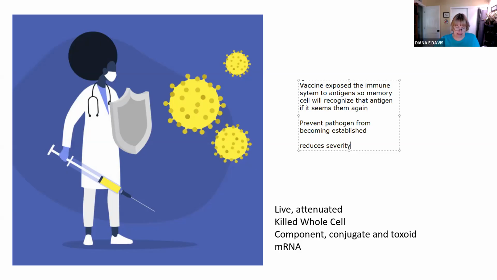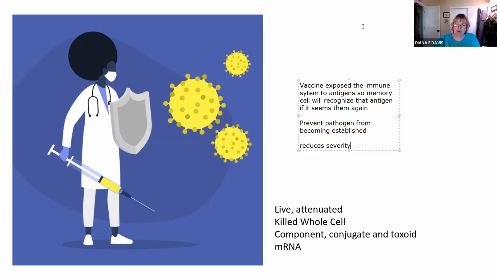So there are several different ways we can make vaccines. And I've got a little list here on the bottom. This is not a complete list. And figuring out which type of vaccine to make is very, very complicated.